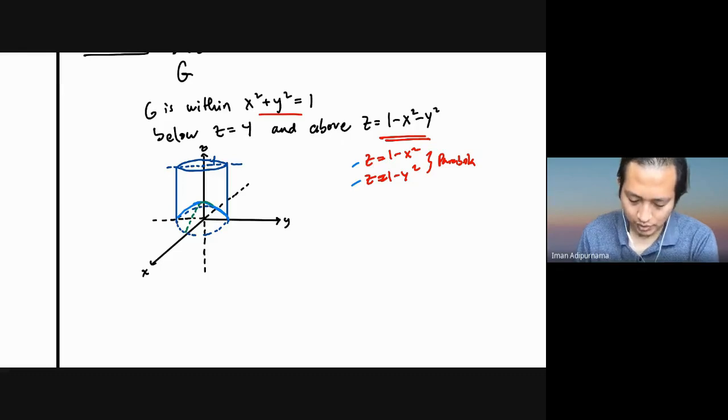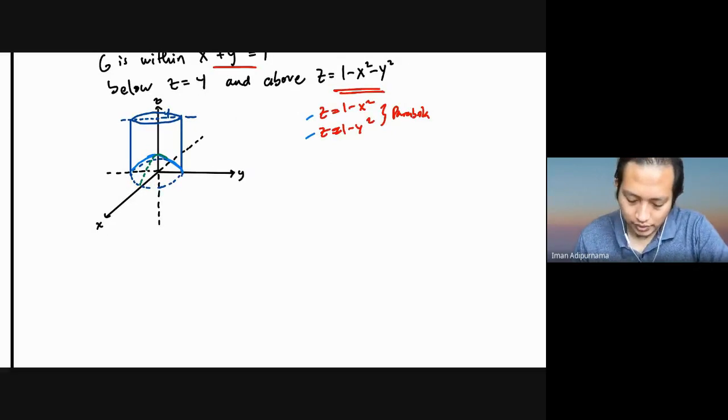So imagine that this paraboloid here is like a cup, right? So the volume will be in between this paraboloid and this plane z equals 4. So in between here, this is our region. Okay, and how do we write it?